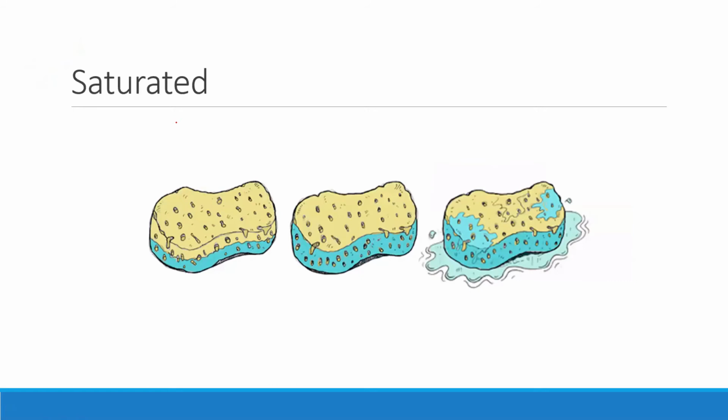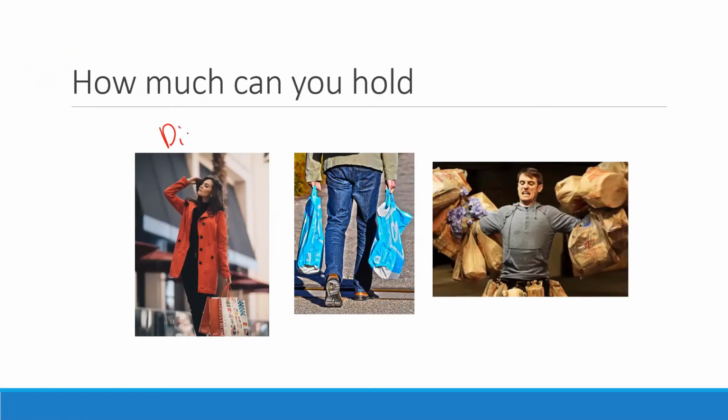Dilute is like, this thing doesn't have much that it needs to hold. This is what I would say is concentrated. It's holding that, but this is what I would call saturated. This guy's holding so many bags that he can't hold any more bags. If you were to give this person another bag, they'd probably end up dropping it on the ground.